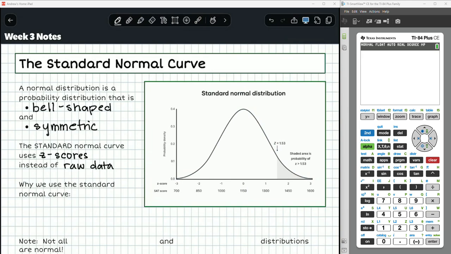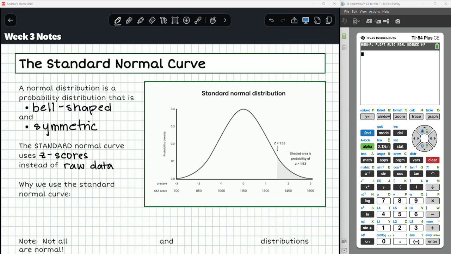The reason we like to do this is every raw distribution of data has its own mean and its own standard deviation, meaning it would also have its own normal distribution. In the pre-computer age, you would have to do all of this complicated calculus behind the scenes in order to calculate probability based on those unique normal distributions.